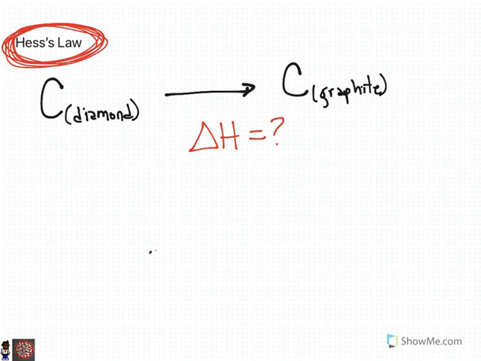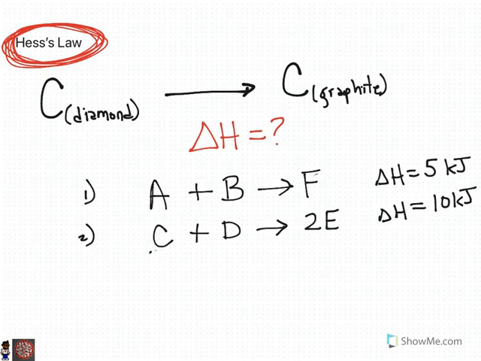Basically, it says that if we have a couple of reactions, we can add them together, and we can add their delta H's. And I know that sounds confusing, so let's go with an example. Let's say we had these two reactions. If we added them together, your reactants for each of the reactions would become your reactants for the overall reaction.